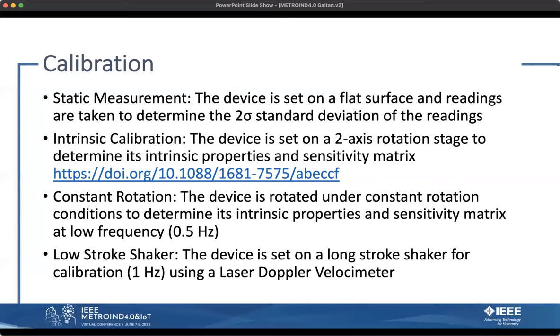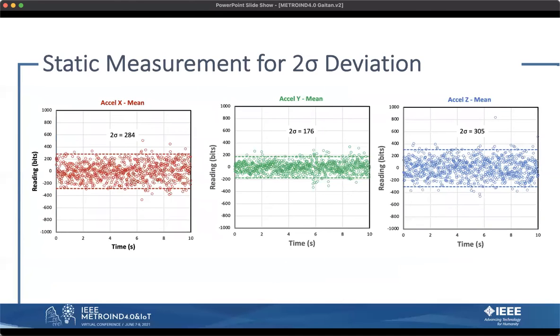We also have a long stroke shaker calibration capability, and I'm including this as a comparison with the other 2, to show how a long stroke shaker would compare in its calibration. This was done in this paper using a 1 hertz excitation and a laser Doppler velocimeter.